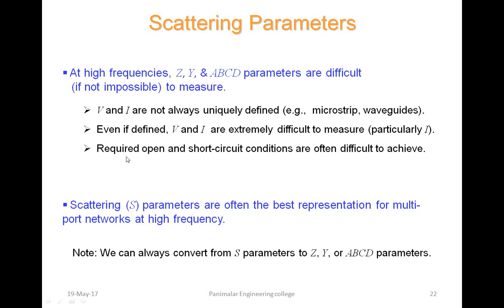And another thing, we need to identify the open circuit and short circuit conditions. So the best way to measure high frequency components is using scattering parameters. And there is always a conversion that is possible from S parameters to Z, Y or ABCD parameters. So this is a very important aspect.